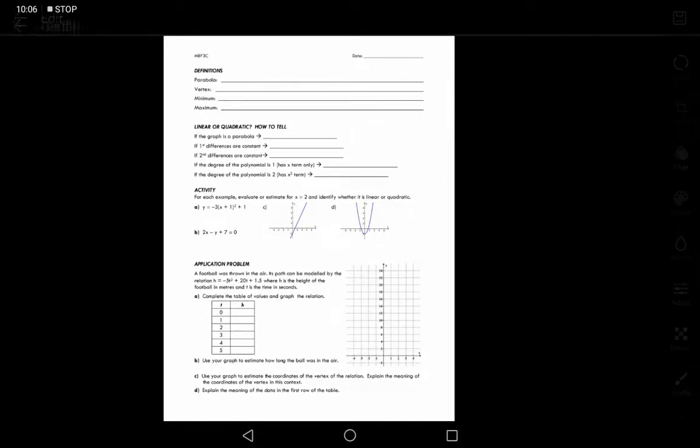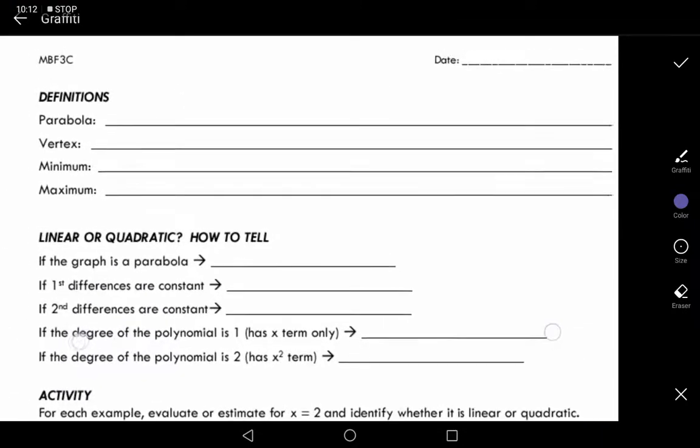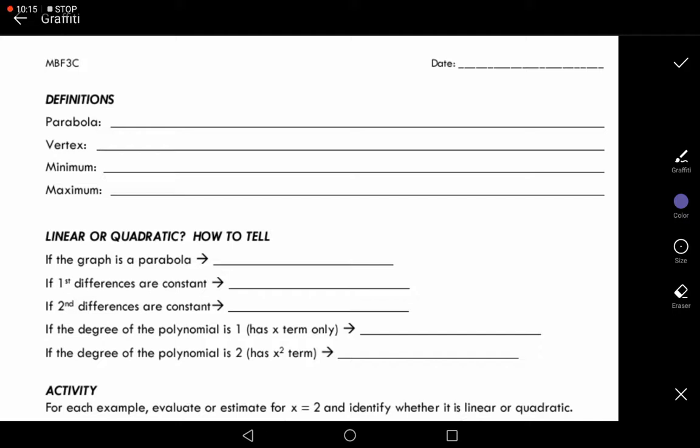I'm going to start with a couple definitions. Bear with me, I'm going to try to write as neatly as possible so that you can read this. Okay, so the definition of a parabola, which we should kind of know from that last page, is a symmetrical U-shaped curve.